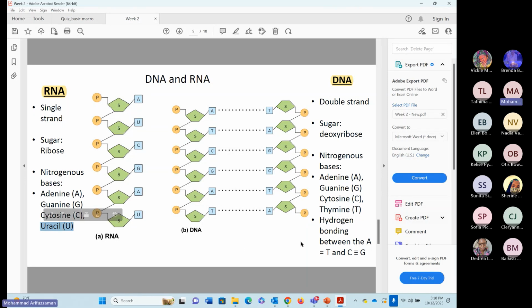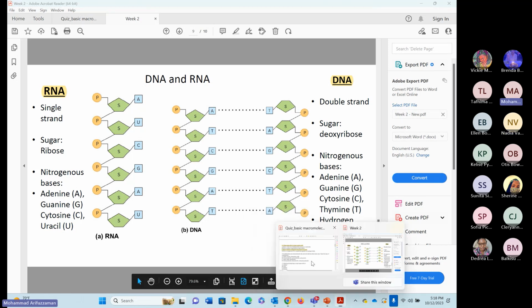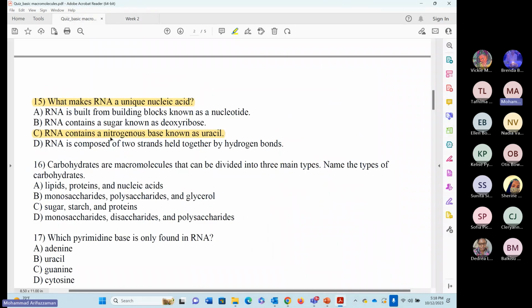And hydrogen bonding between A and T in the DNA, you can see a universal rule, A and T, and C and G. You can see the 3 hydrogen bonds and 2 hydrogen bonds. So the correct answer is C. RNA contains nitrogenous base known as uracil.